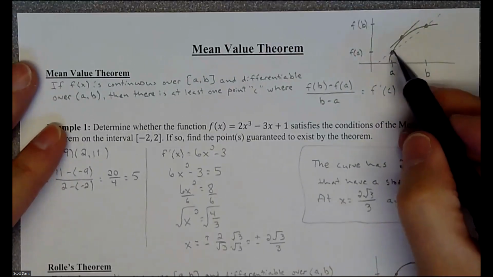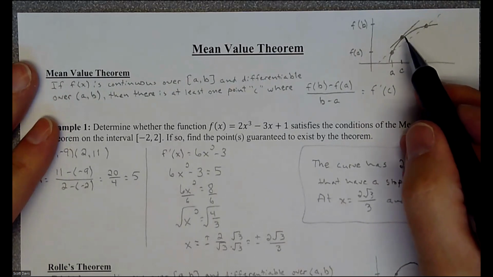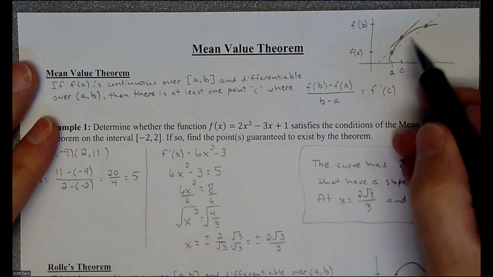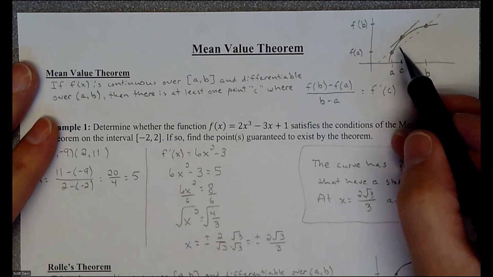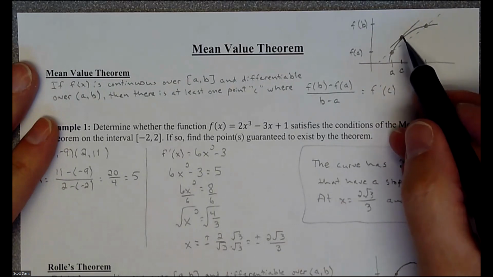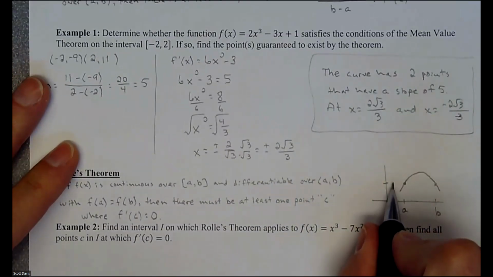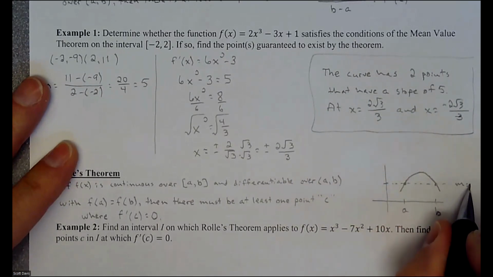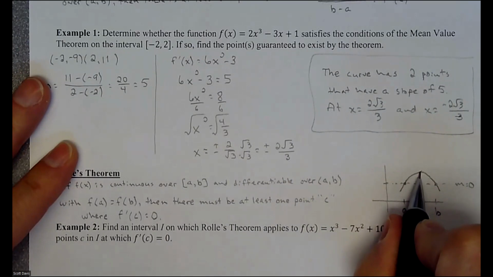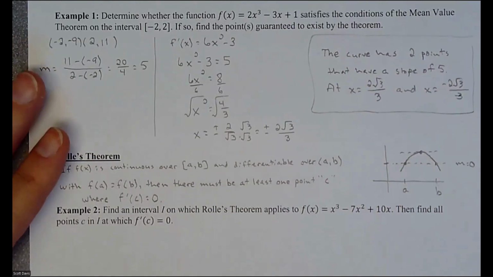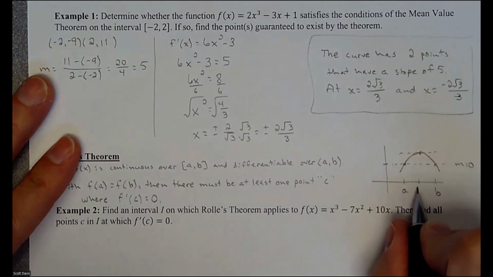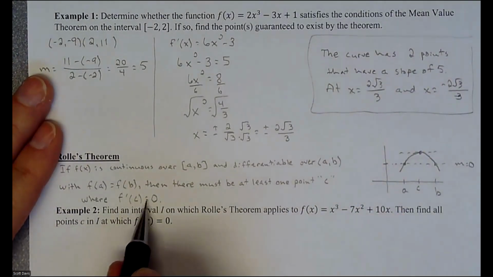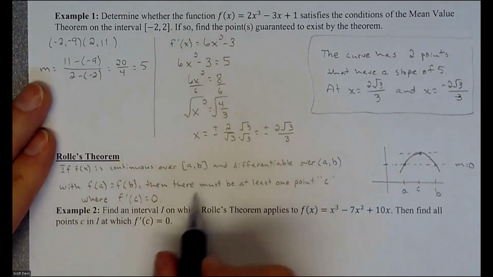So the idea of the mean value theorem is that whatever that slope is between these two, there's going to be another point somewhere along the way that matches that slope. Well, if our slope here is 0, then that means somewhere along the way, we are going to have another slope at a particular point that is going to equal 0. And that's what this is saying, that somewhere we have a slope of 0, right? That's what Rolle's theorem is.